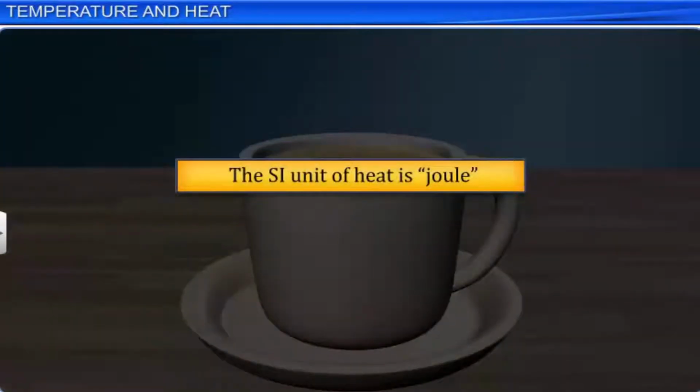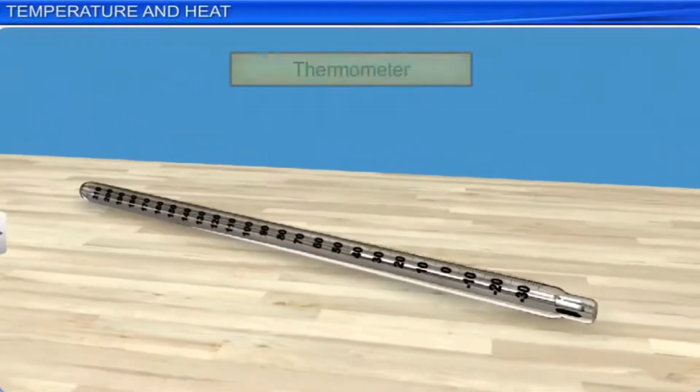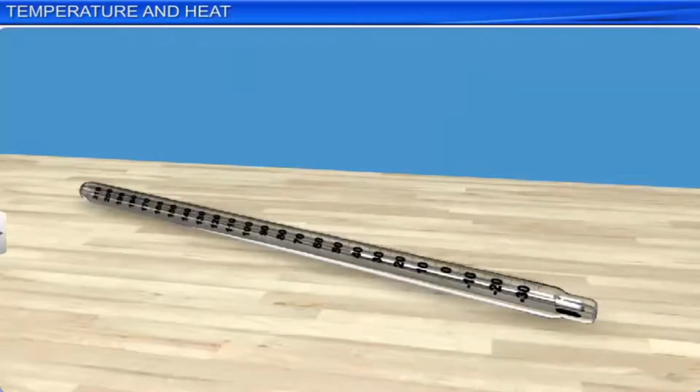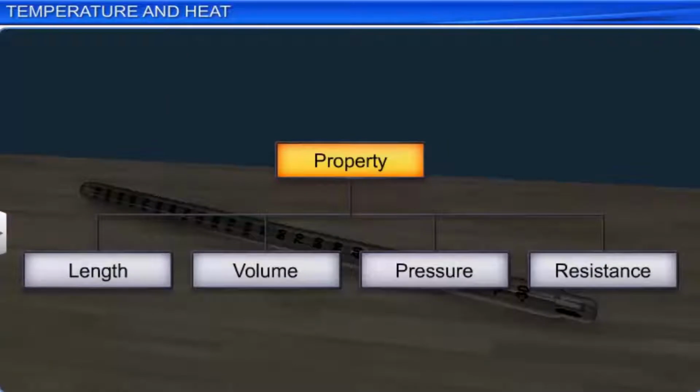In SI system, heat is measured in joules and temperature is measured in Kelvin. We use a thermometer to measure the temperature of a body. While constructing a thermometer, we need to identify a specific property of a substance that varies linearly with the temperature.